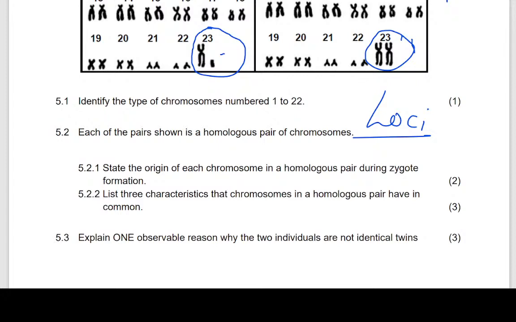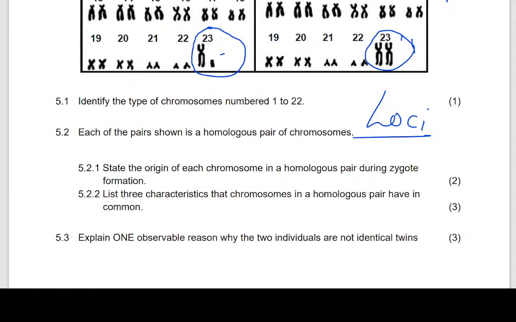Okay, now let's go to the next question. Explain one observable reason. What you see, not what you studied or functional. When they ask you observable, they are looking for the structural features.